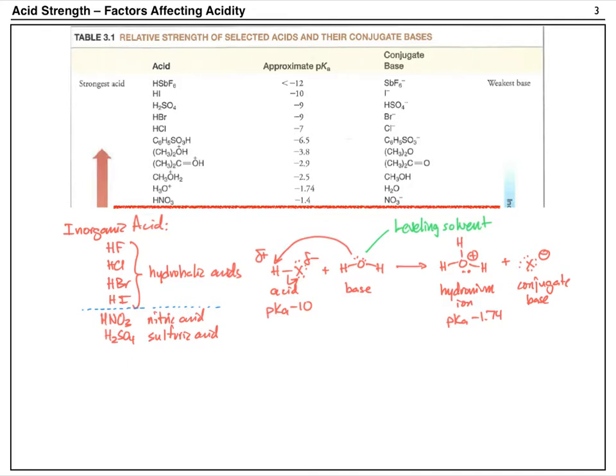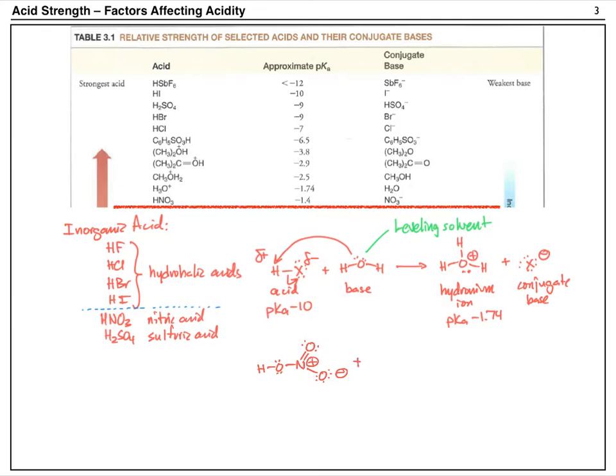And we can invoke resonance for why they are acidic as well. So let's draw out nitric acid. Nitric acid has the following Lewis structure. Notice that the nitrogen is plus, the oxygen is minus, but overall the molecule is neutral. The plus balances the minus.